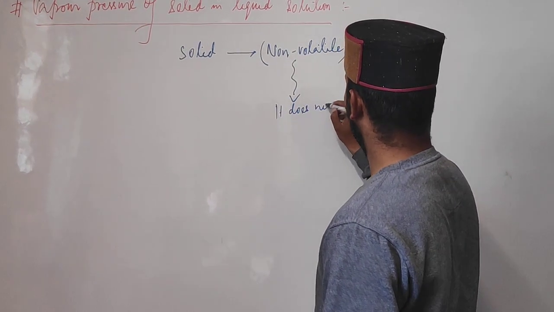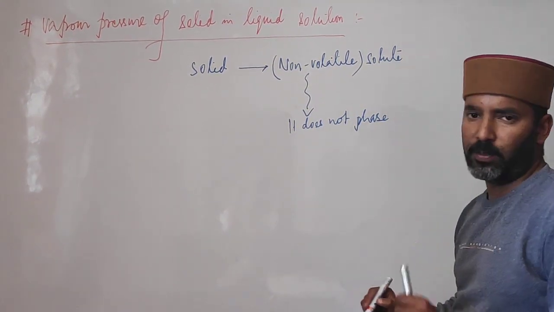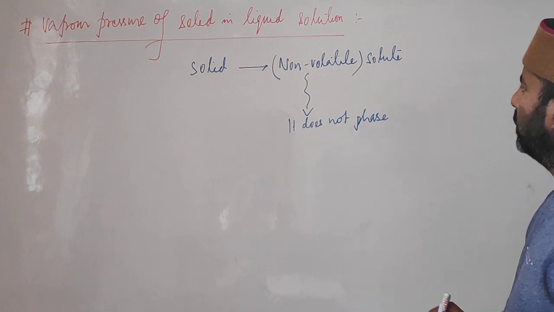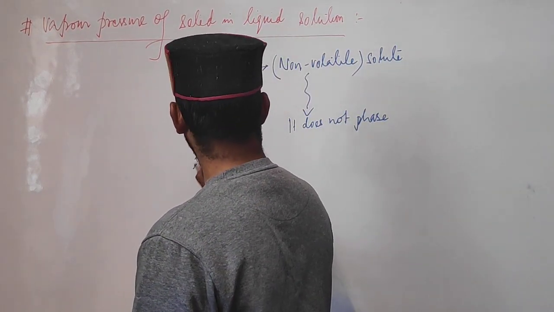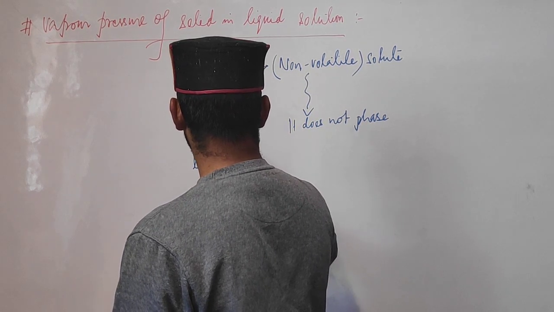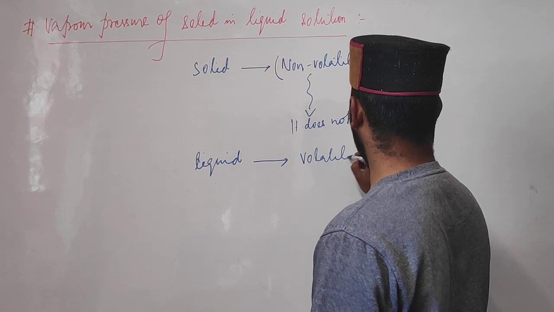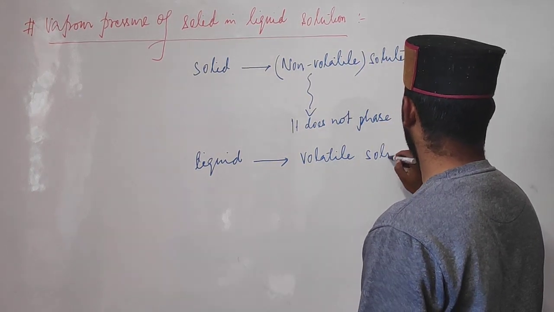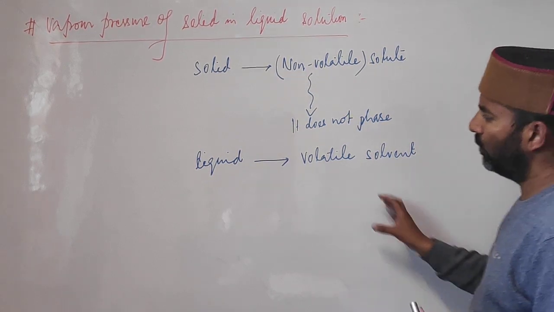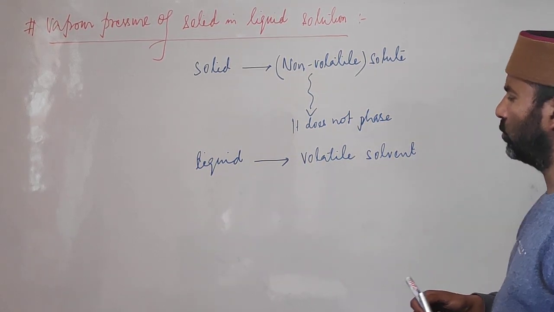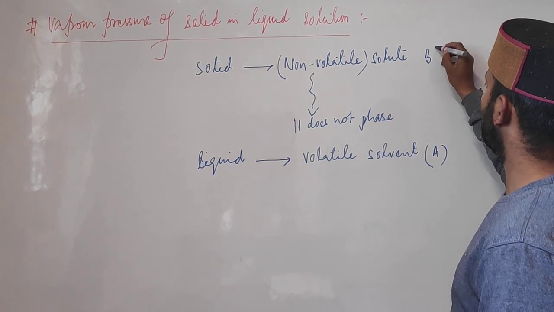Means इसका vapor phase में कोई contribution नहीं होगा, so that means total pressure में भी इसका कोई contribution नहीं होगा. And students, liquid will act as solvent, and we are assuming it to be a volatile solvent. So that means vapor phase में जो भी vapors होंगे वो इसी liquid solvent की वजह से होंगे, and let this liquid solvent be A and solute be B.